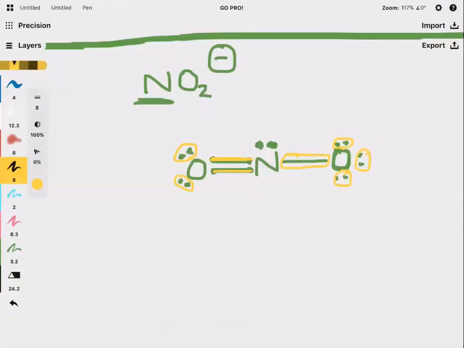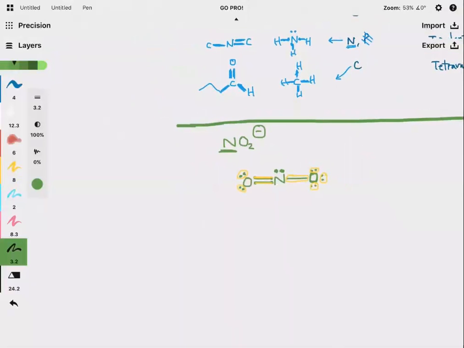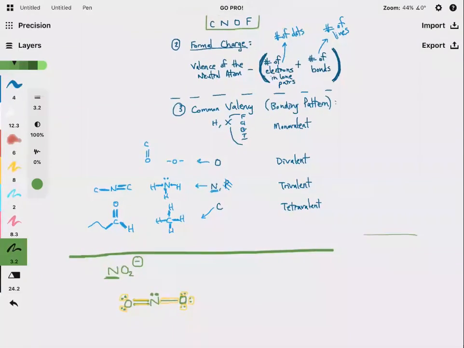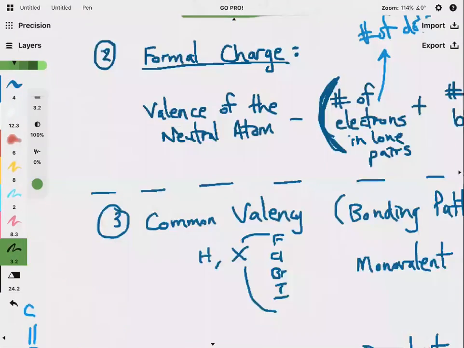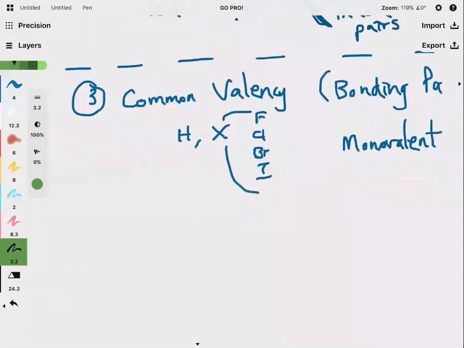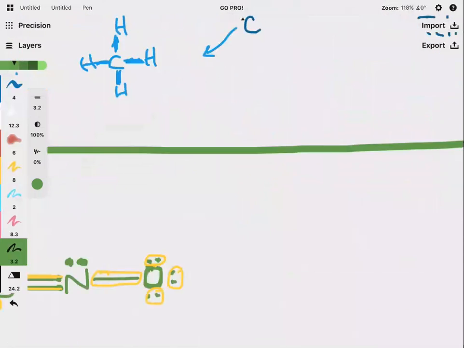So the only other rule that we have to follow, remember I said the bonding pattern you can kind of skip, rule number 3, just make sure your formal charges add up properly. Like when you add things up, they have to add up properly. 2 plus 2 equals 4. You can't say 2 plus 2 equals 5. That's never a thing.